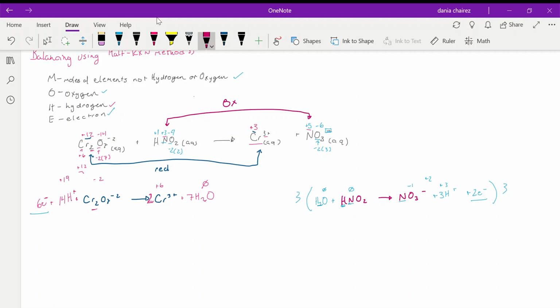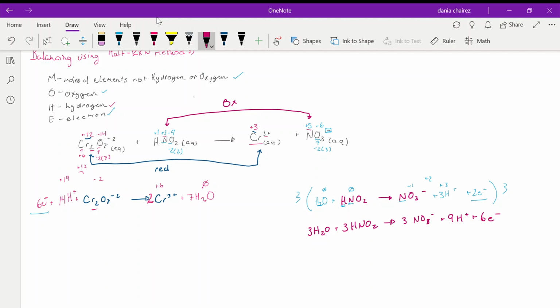So we rewrite everything so that we have 3H2O plus 3HNO2 yields 3NO3 minus plus 9 H pluses, that's a 3 I promise, plus 6 electrons.